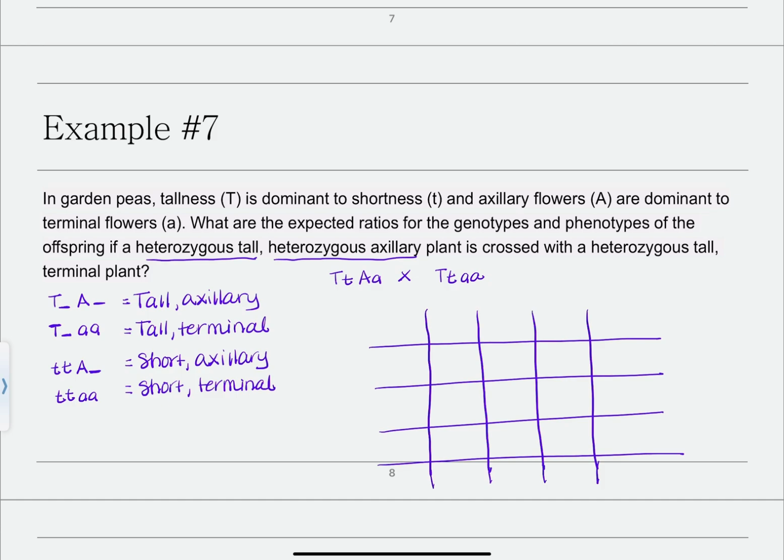So our first option is for parent number 1, we could have the gamete have one dominant tall allele and one dominant axillary allele. So our first possible combination of alleles donated by the gamete is 2 dominant alleles. The other option is we donate the dominant allele and the recessive allele. In that case, we're going to have dominant and recessive here.